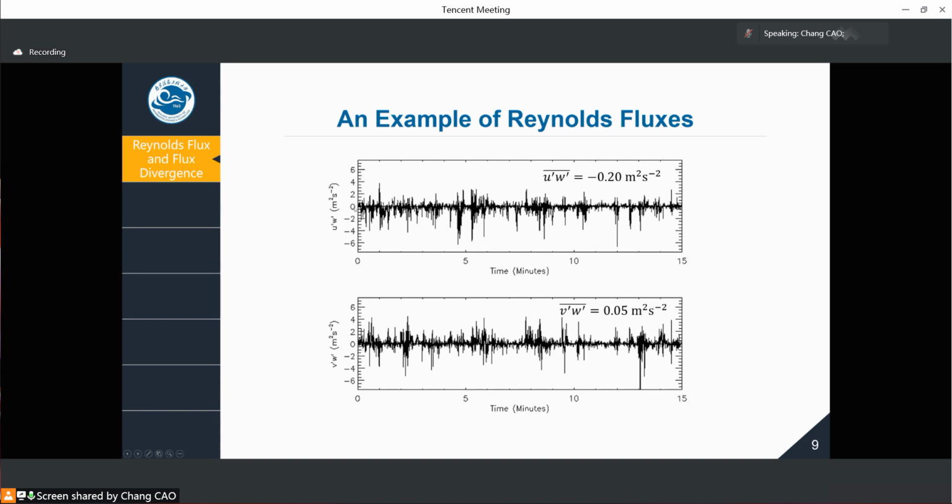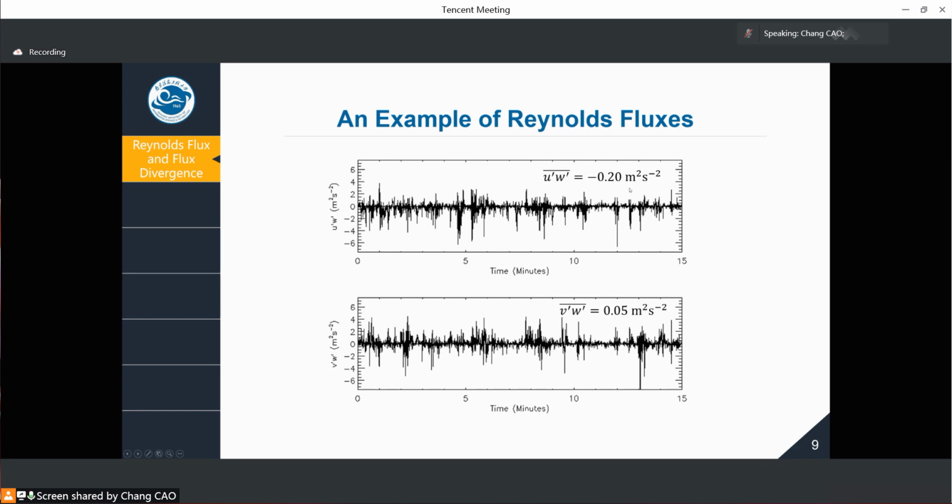And if we average all the dots here, we get that during the 15 minutes, from 0 to 15 minutes, the average of the product of U prime and W prime is minus 0.2 square meters per square second. So this is how we got the number here.